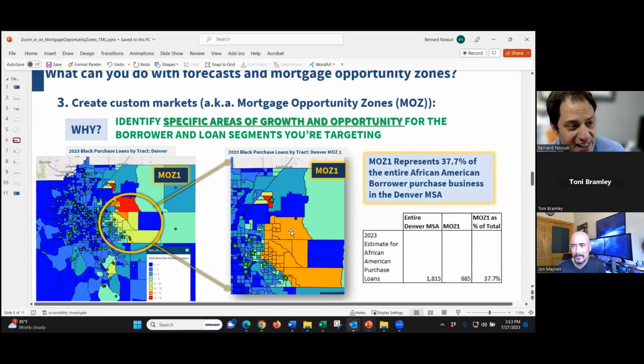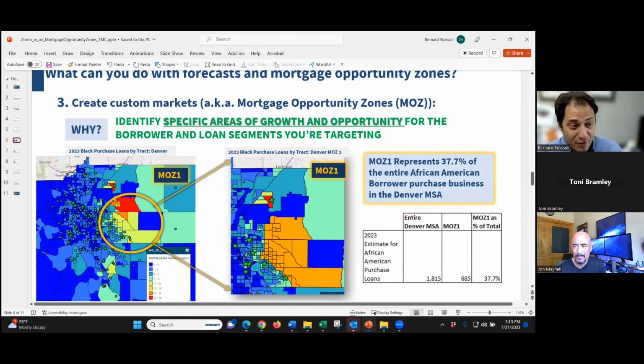What's interesting is that you can actually see that our opportunity for this segment for African Americans in the entire Denver MSA is about 1,800 purchase loans. Well, guess what? 685 of those African American loans are in this area, or basically 38% of the African American market is here.